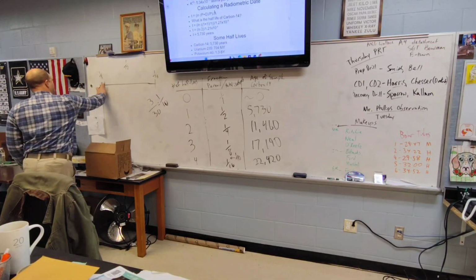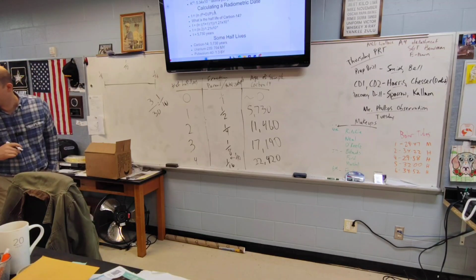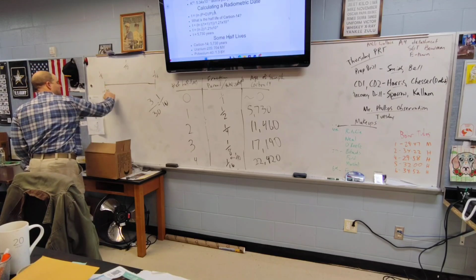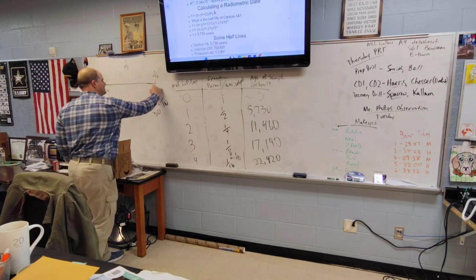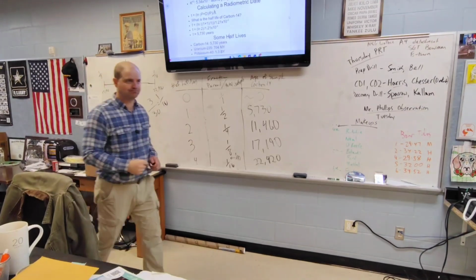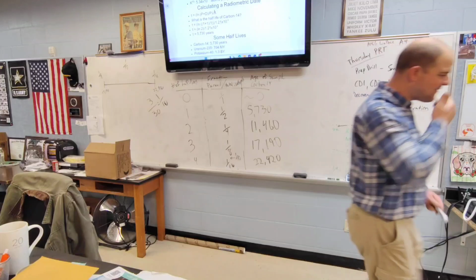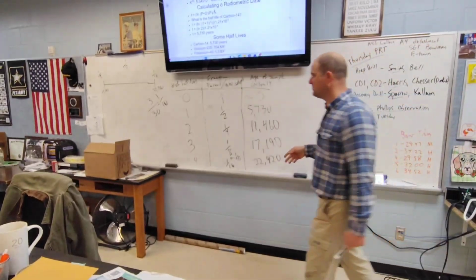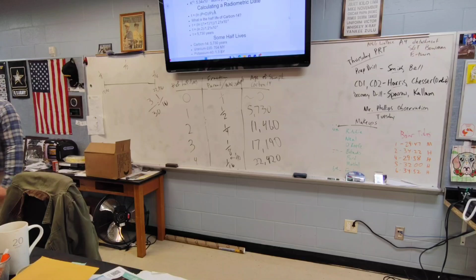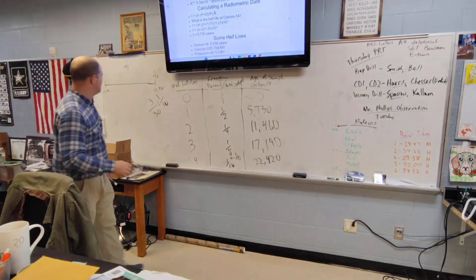Now, at 1/8, how old would our sample be? And at 1/16, how old would our sample be? 22,920, right? So now we have a number line and timeline. We need to figure out where exactly our fraction goes on it.